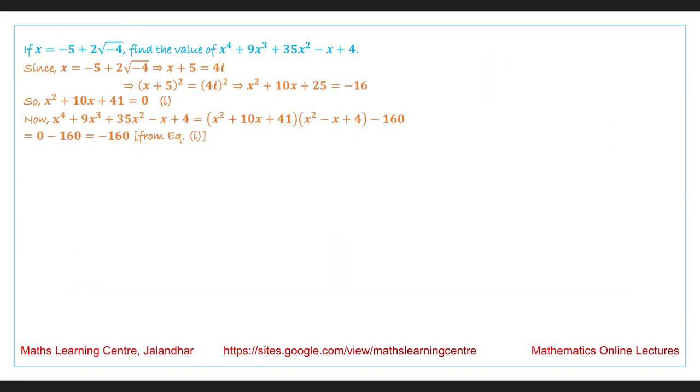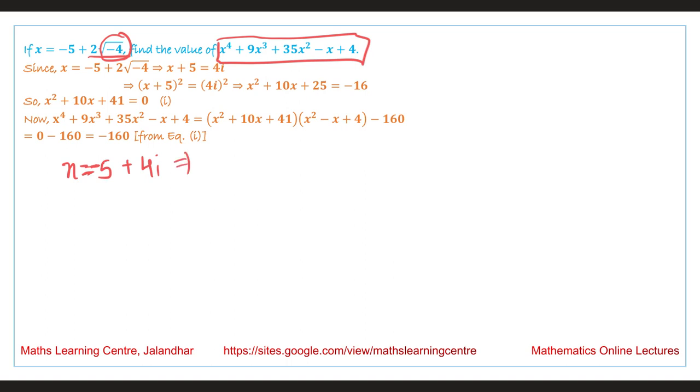Next is: if x is equal to minus 5 plus 2 root minus 4, it is given that x is equal to minus 5 plus this root minus 4, which will be 2 iota, so it is 4 iota. We are talking about x is equal to minus 5 plus 4 iota. We have to calculate the value of this term.